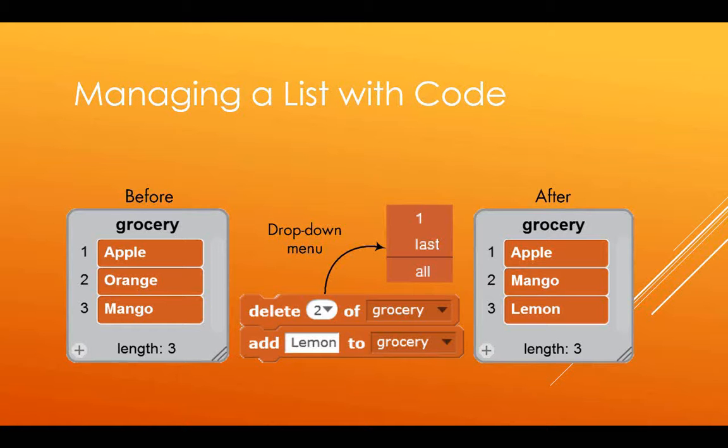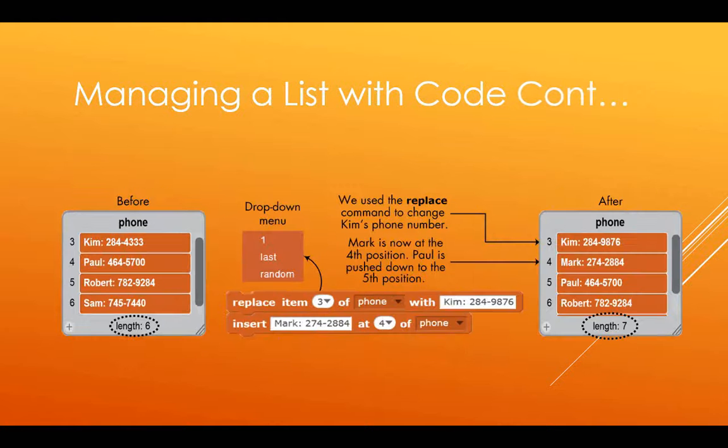And if we run it, this should now say apple, mango, lemon, because we deleted our orange and we added lemon to the end. Okay, now this is using a different list with phone numbers and names, but we'll just carry on with our fruit, and we're going to do our replace.